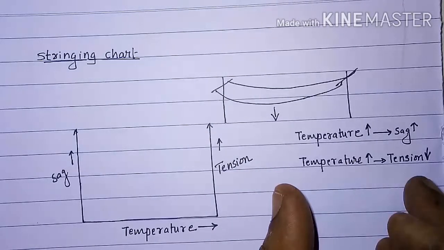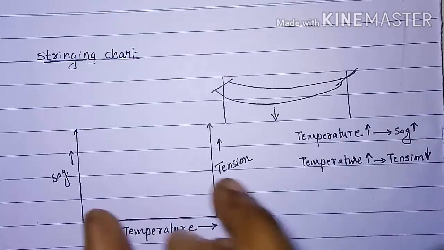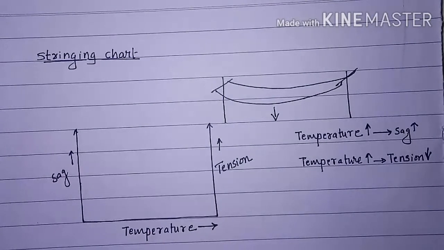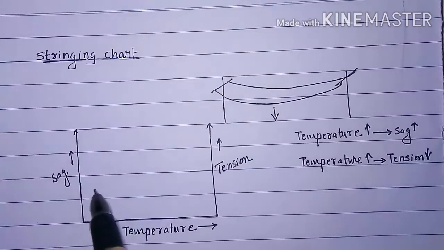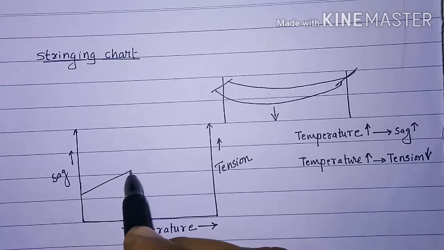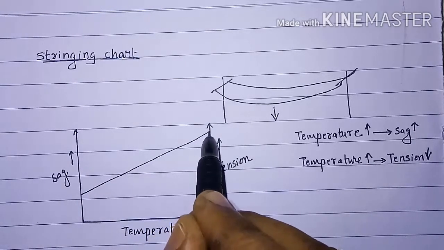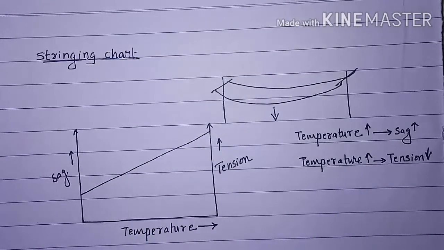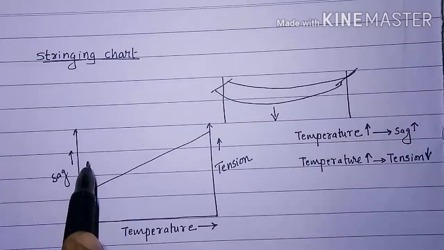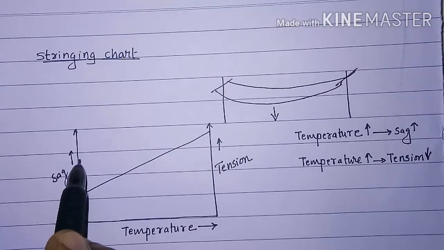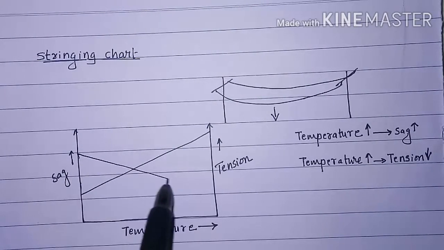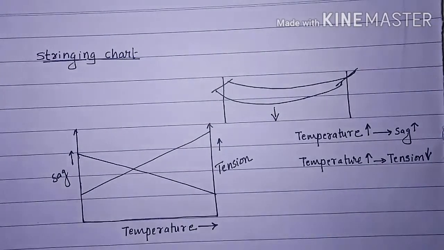With this idea, we can draw the graph here. So as temperature increases, sag increases. As the temperature increases, tension decreases. This way.